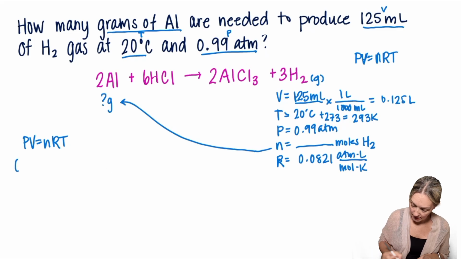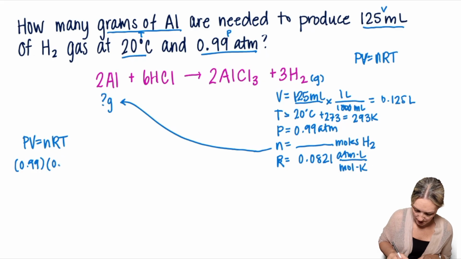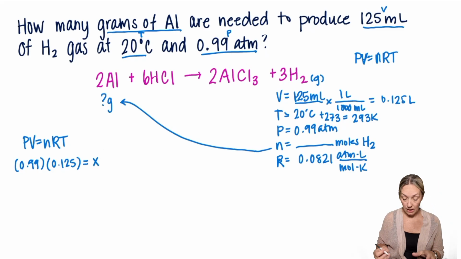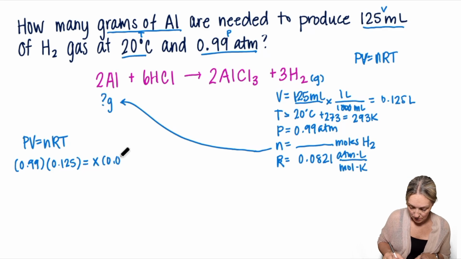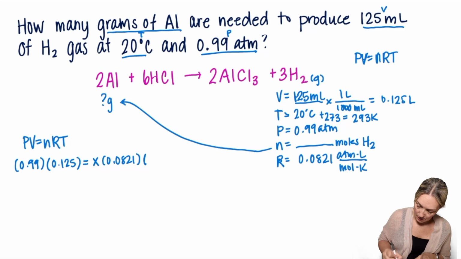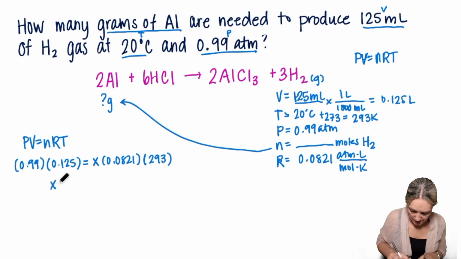I've already double checked that I have the correct units, so 0.99 atm times my volume in liters, which is 0.125, is equal to my moles, which I'm going to call X, times 0.0821, my constant, and my temperature is 293 Kelvin.